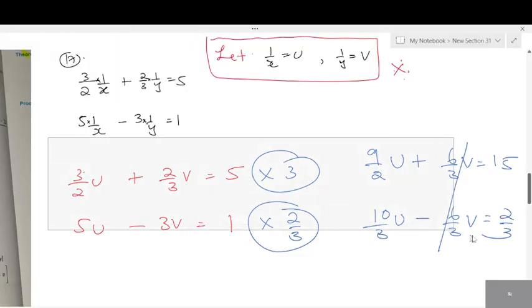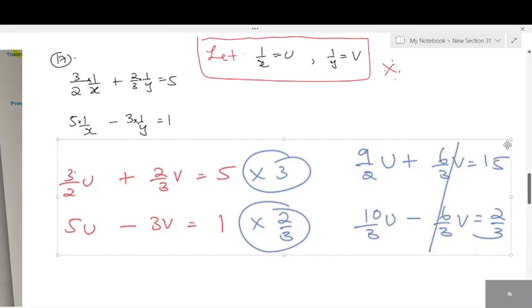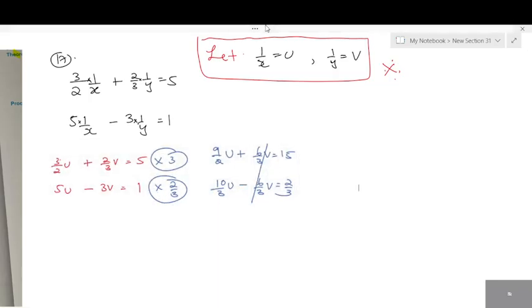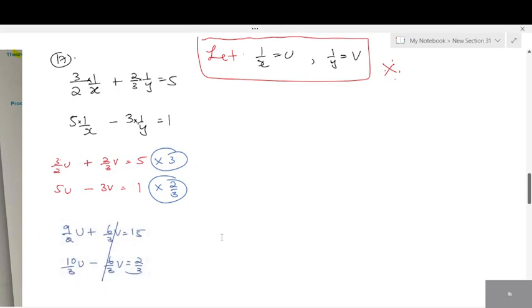You can name equation 1, 2, 4, whatever you want. But that is important. You have to name it, students. Without naming, you won't understand. Look, equation 1, equation 2.